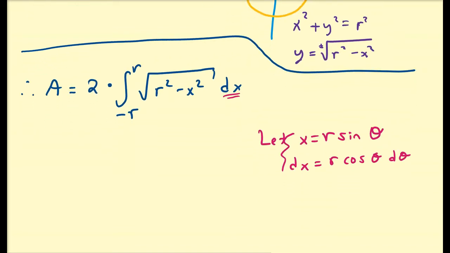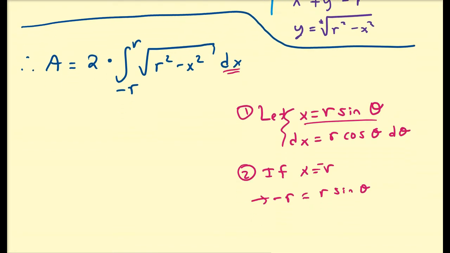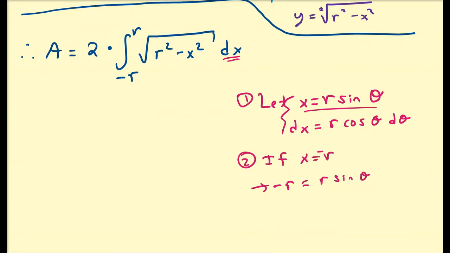So let's also worry about the limits here. That's the first observation. For the second, if x is equal to minus r, then using this equation, minus r is equal to r sine theta. Divide both sides by r, assuming that r is non-zero, so negative 1 is equal to sine theta. So theta must be equal to the arc sine of minus 1.